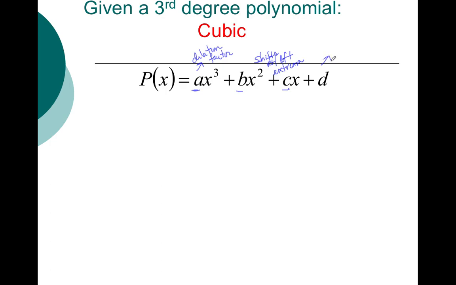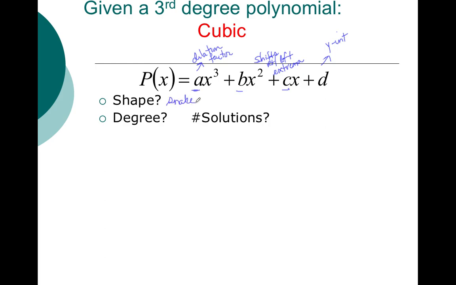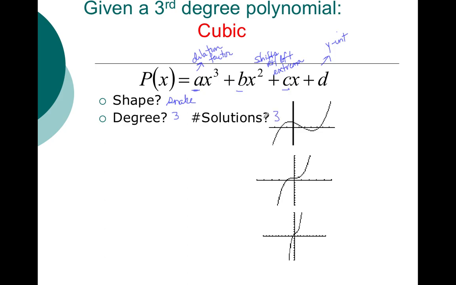D is your y-intercept. Remember, the shape is a snake. Degree is 3. Solutions are 3.